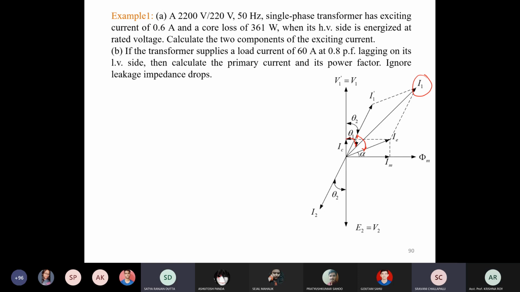Suppose I1 dash is calculated from I2, then tell me. Sir, we need the angle. IE and I1 dash are known. So tell me how to calculate I1.